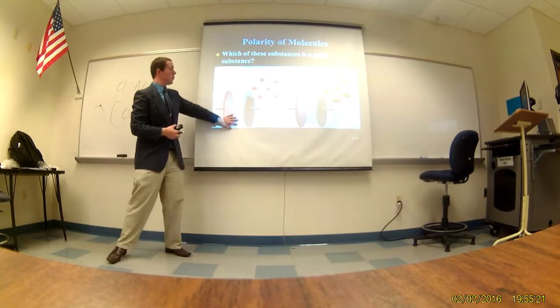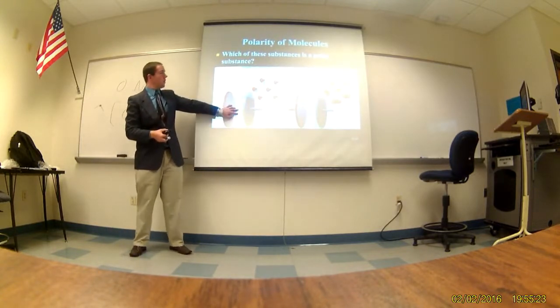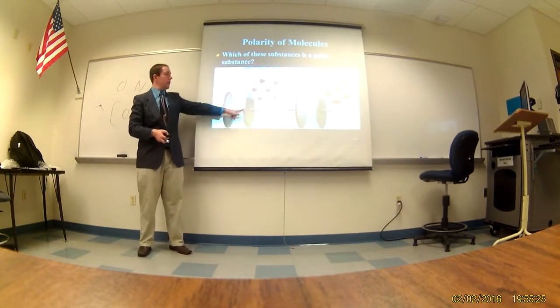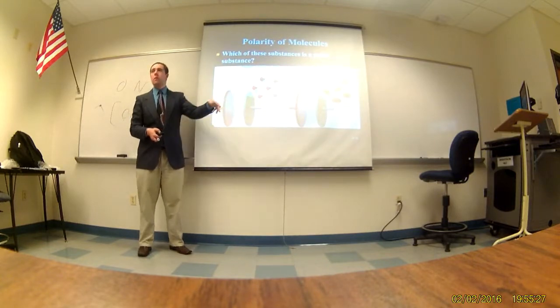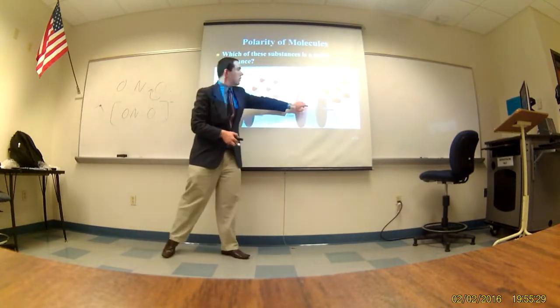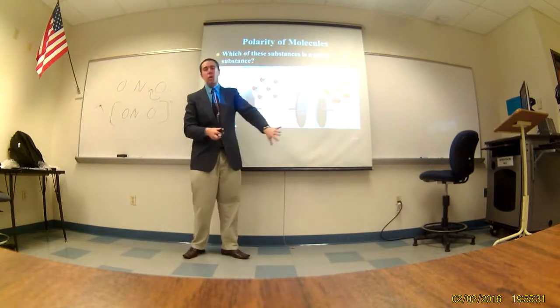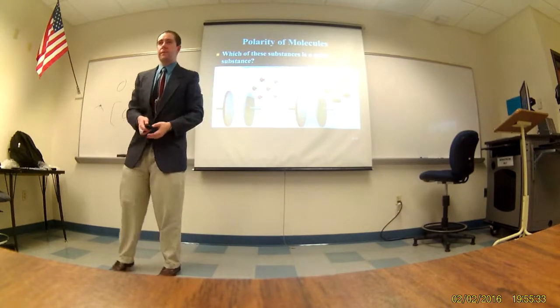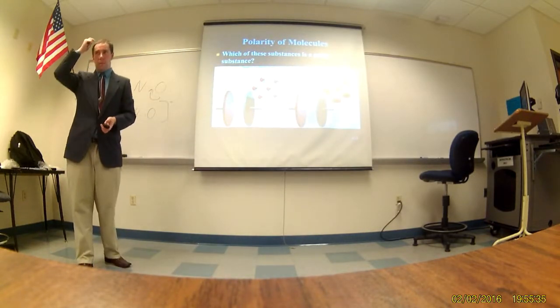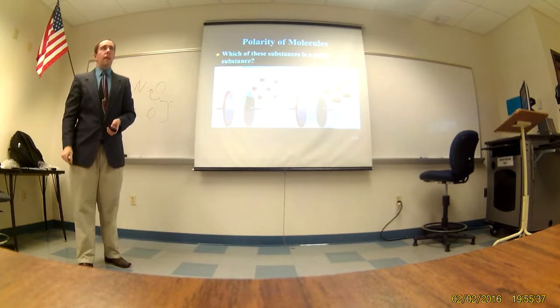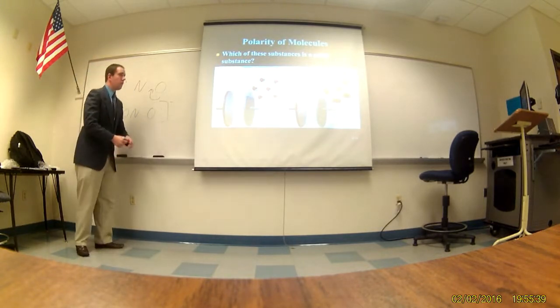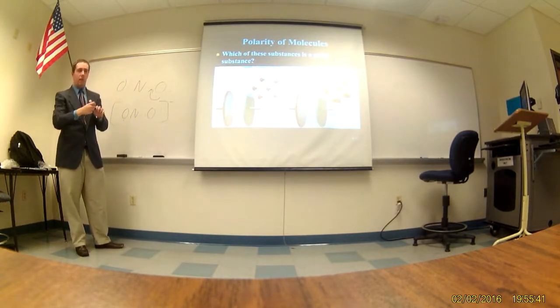What this picture is showing is if you put a polar molecule in an electrical field, it's going to move. If you put a non-polar molecule in an electrical field, it won't move. Yes? Is that going to be the same for all linear? Not necessarily. If what's on both sides is the same, it would be.